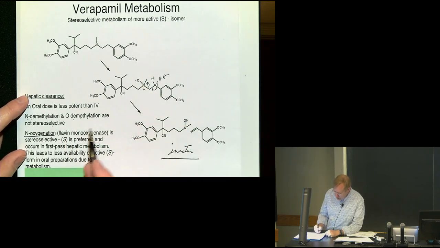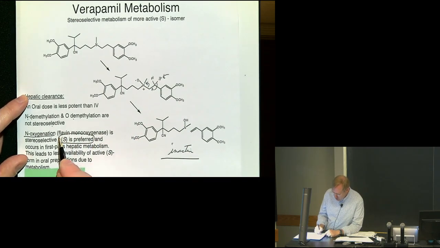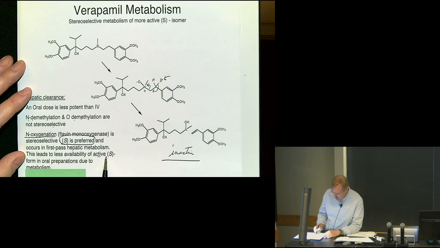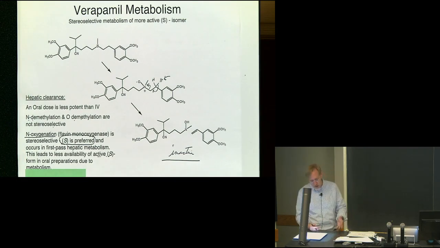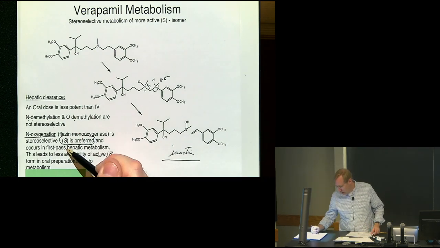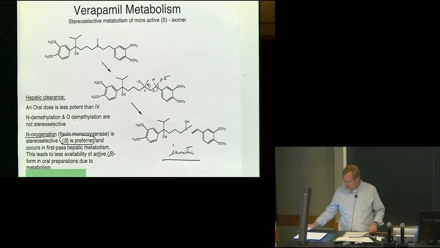So that N-oxygenation, it prefers the S. And that occurs during this first pass hepatic metabolism. It leads to less availability of that active S form in the oral preparations due to that metabolism. And that sort of underlines these differences.